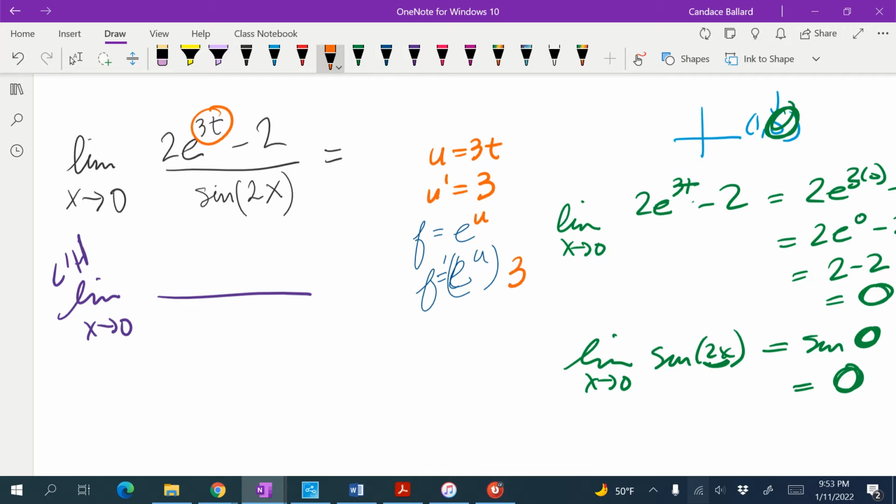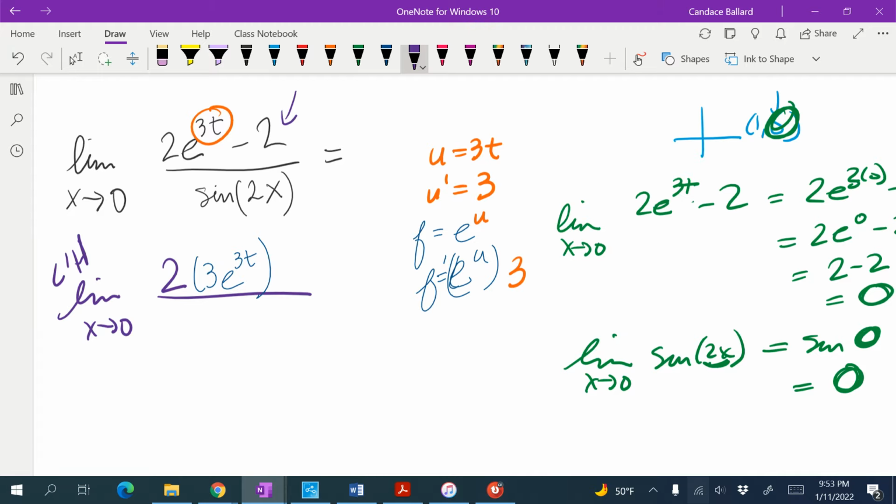I'm going to go ahead and rewrite that in the numerator here. The 2 in front's just going to hang out. The derivative of e to the 3t is 3 e to the 3t. And then the derivative of the negative 2 is just 0.